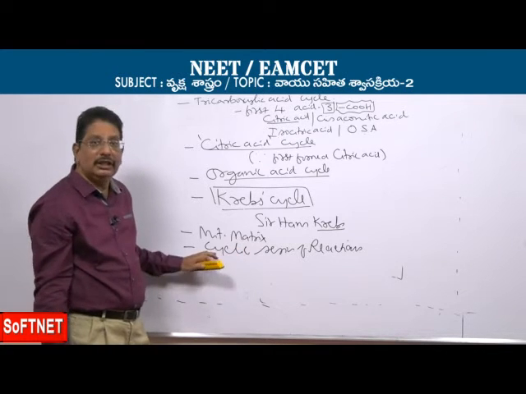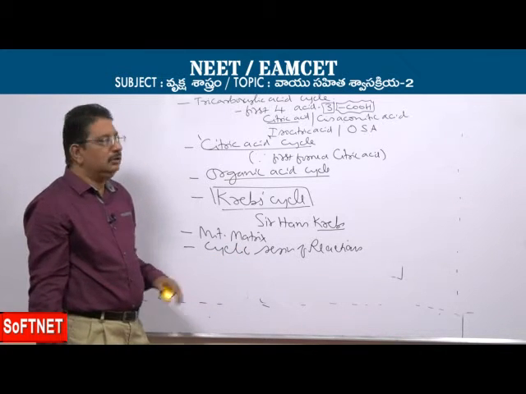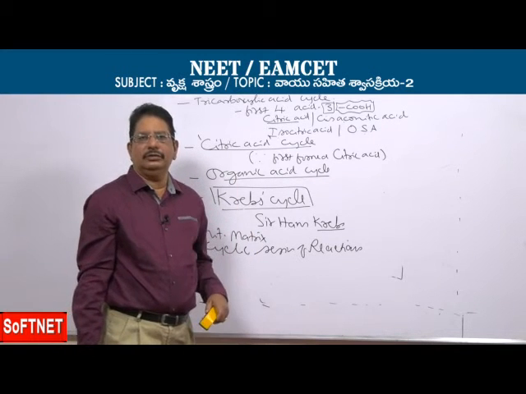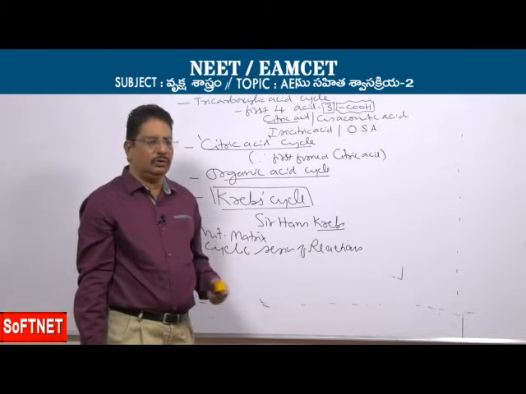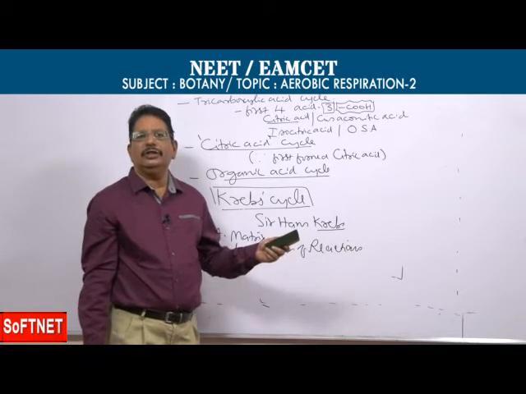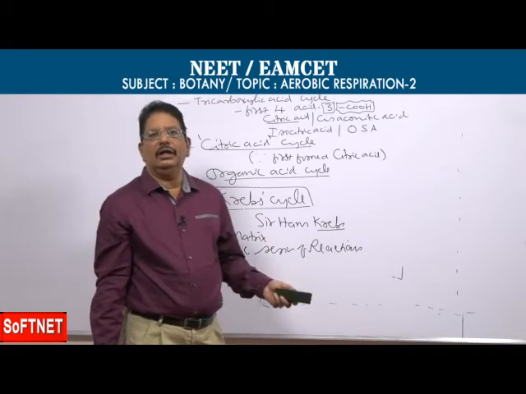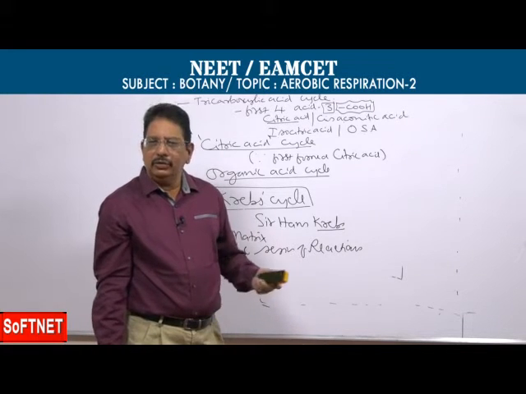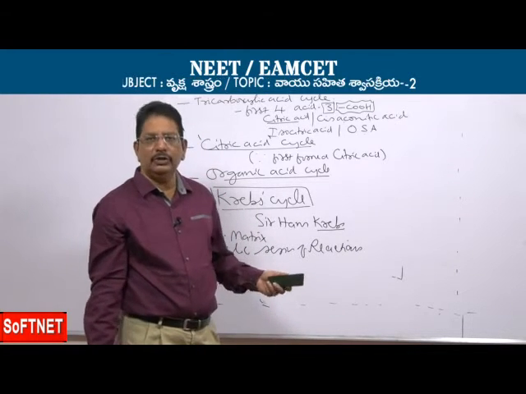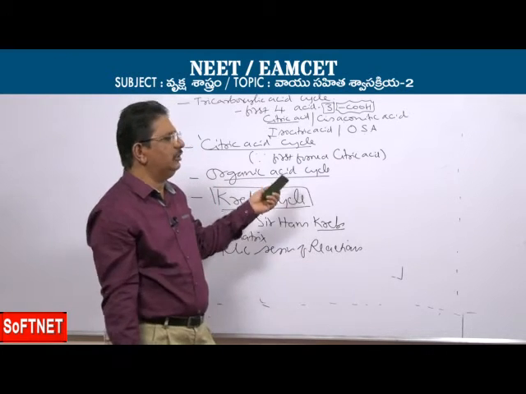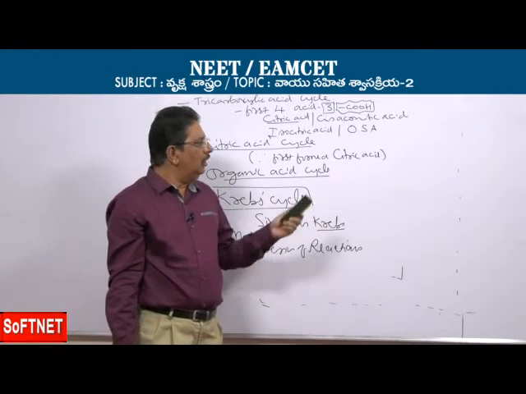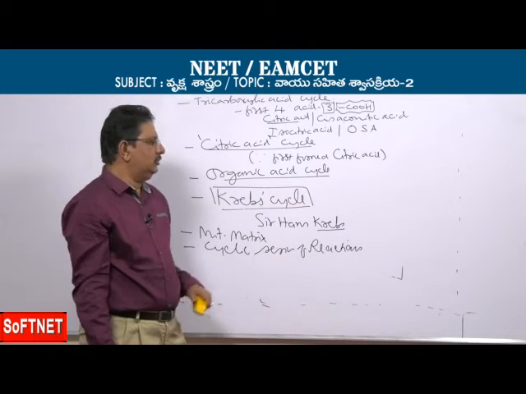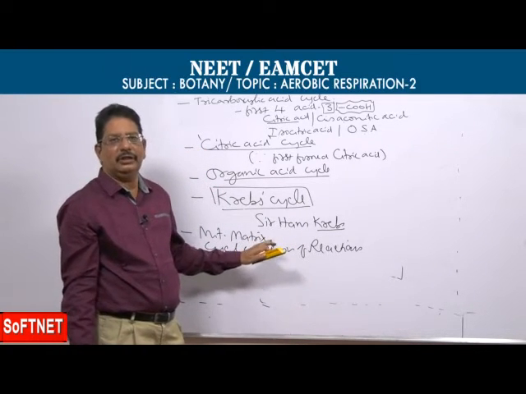So it is a cyclic pathway, but the so-called EMP pathway is a linear pathway, not a cyclic pathway. You know that metabolic pathways in a living cell are either linear or cyclic. There are a good number of examples to support these 2 statements. One example of a linear pathway is our EMP pathway, and a cyclic pathway is the so-called Krebs cycle.